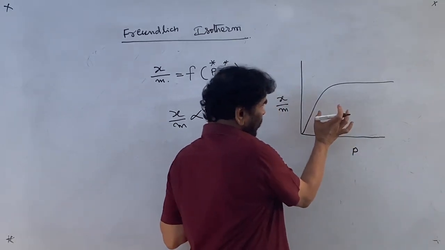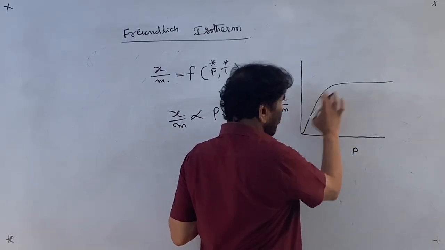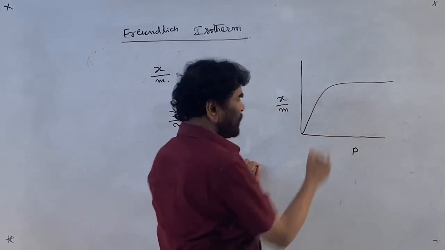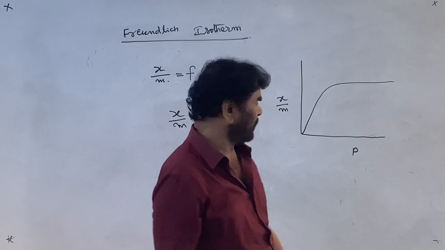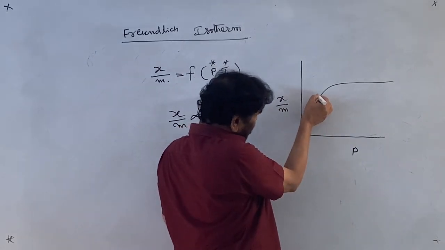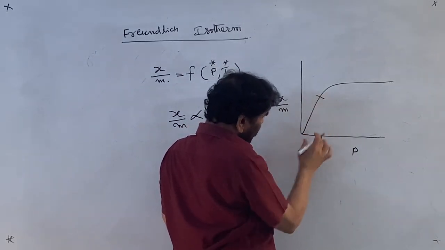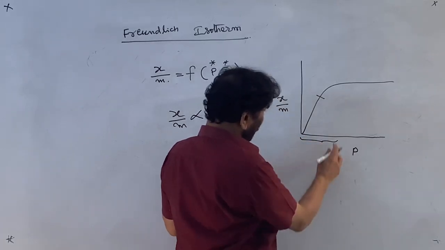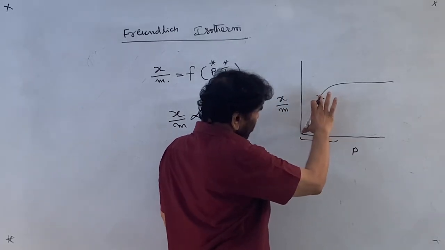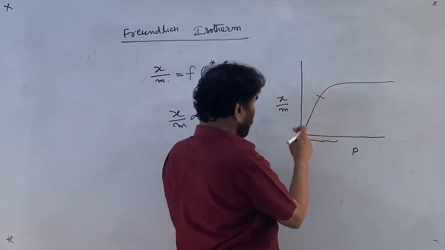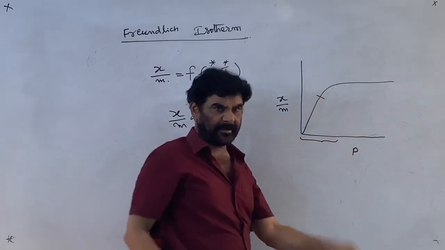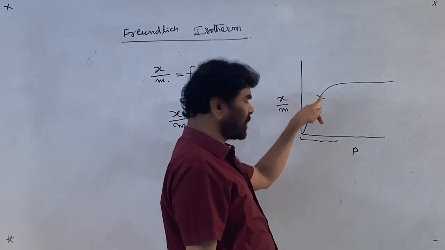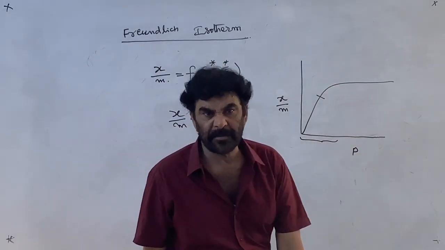Here this is called an adsorption isotherm or Freundlich adsorption isotherm. Up to this point under low pressure conditions, it is proportional, following the first order kinetics. As the pressure increases, proportionately the extent of the adsorption is increasing.